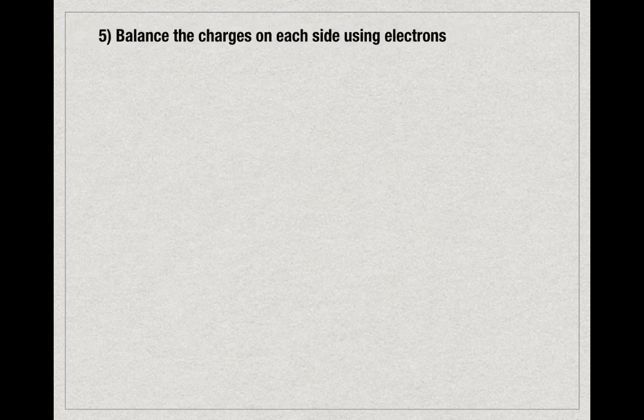The next step is to balance the charges on each side using electrons. So I have a 2+ on my iron reactant side and a 3+ on my iron product side. So I need to add an electron to the reactants there to make sure that we have 2+ in the reactants and 2 total pluses in the products. My chromium's a little more complicated, but it's really no different. We just have to add up all of the charges.